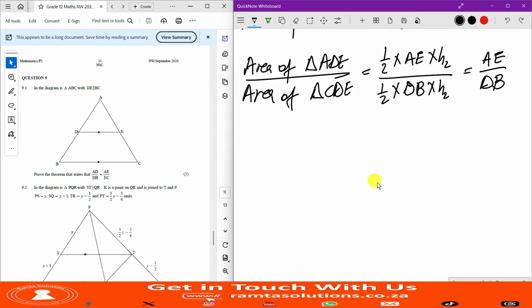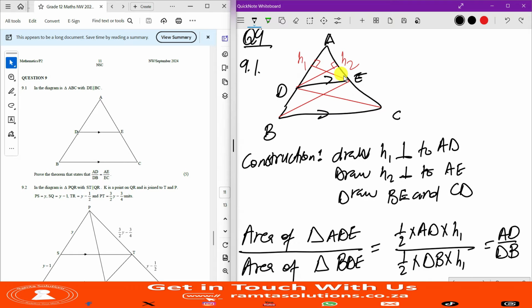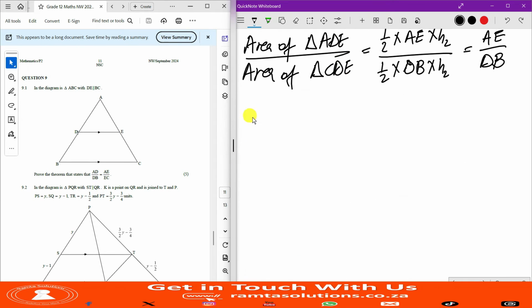There is something that I am seeing. Triangle BDE and triangle CDE are triangles within parallel lines. They have the same base and therefore they also have the same height, so they are equal.